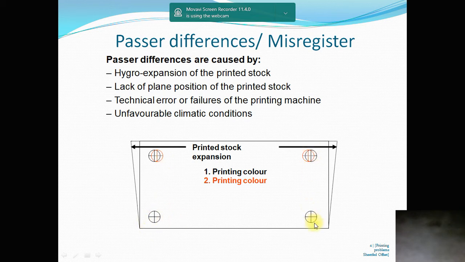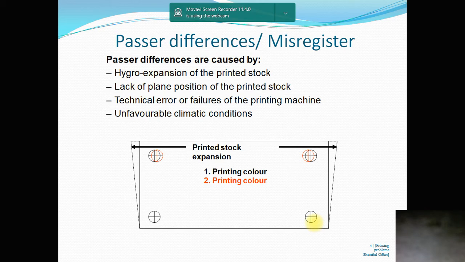If the registration is not proper, that means the transferring and registration unit is not working in good condition, or there are some other problems also. Even if the transferring and registration unit is working in good condition, we may face certain misregister problems due to some reasons.